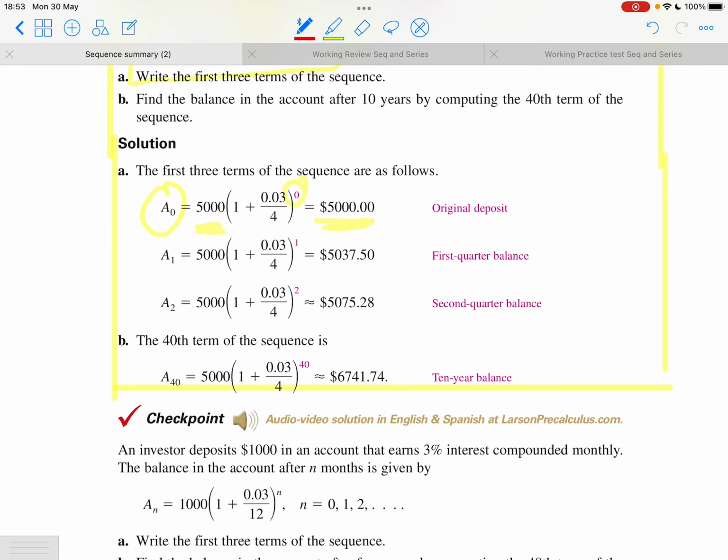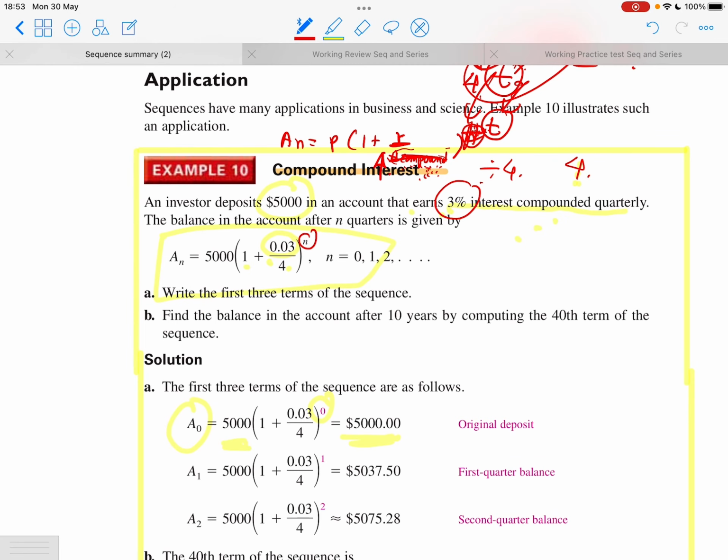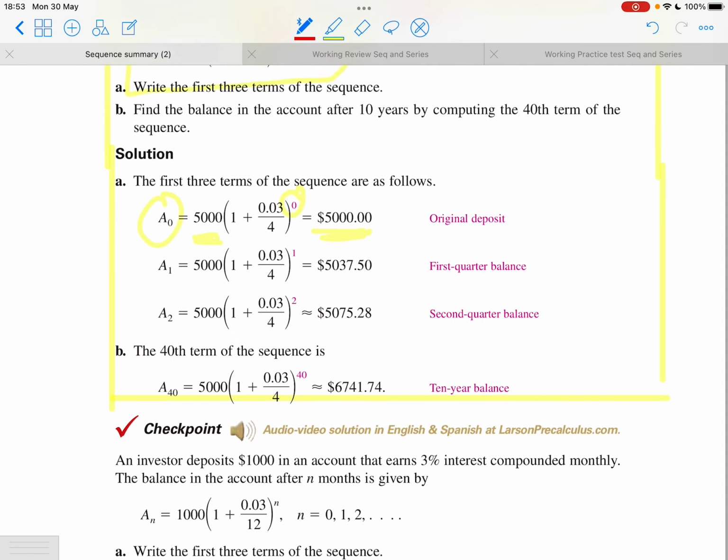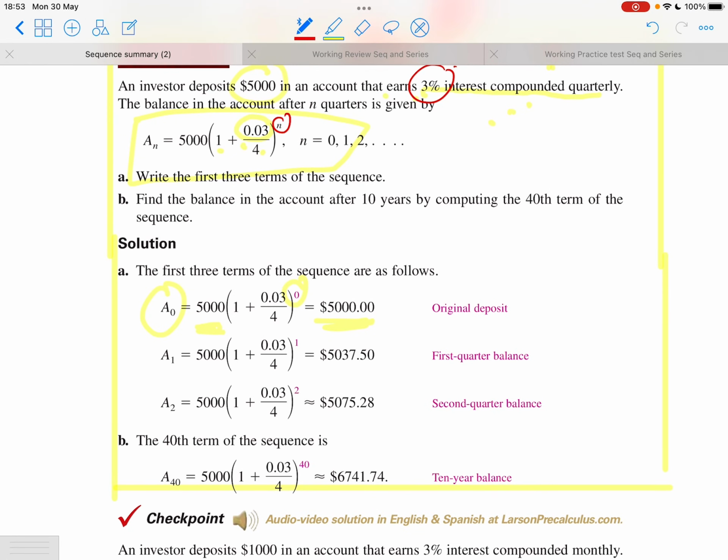So the nth term of the sequence is just substituting this by n. For the 40th term of the sequence, that is after 10 years, because in 1 year there are 4 times compounded. So after 10 years it's going to be the 40th time that it is compounded. So basically it's asking us to find a_40.